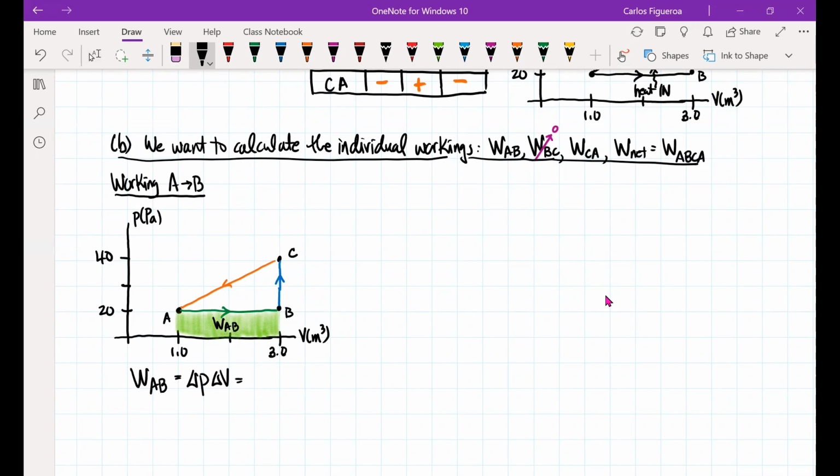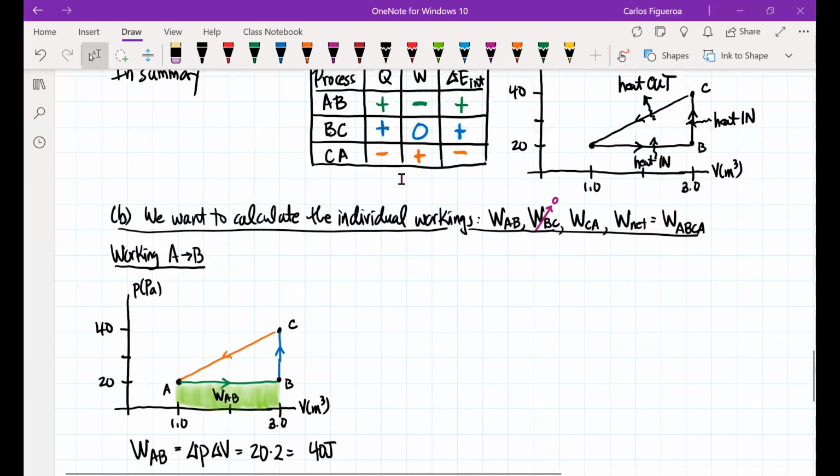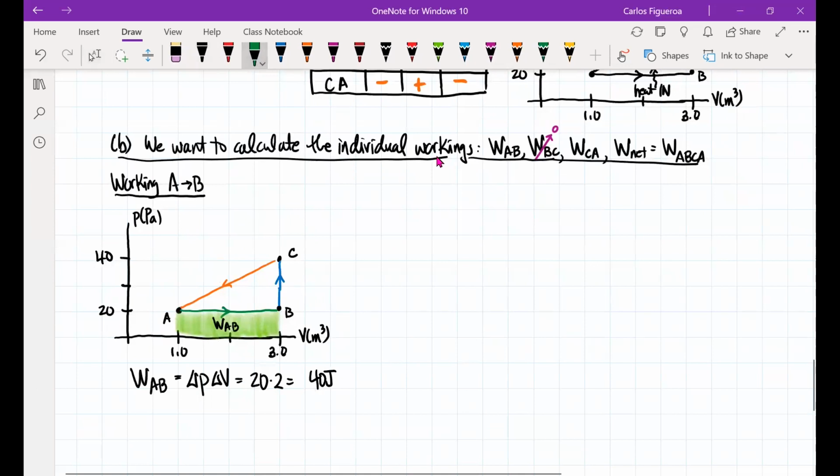The difference in the pressure is 20 minus 0, which is 20. And then the volume goes from 3 minus 1, which is 2. So this is 40 joules. But remember, if I look at my sign up here, note that that work is negative. So I got to come in here by hand and say, yep, that work is negative. So I now have that working. Now note, there is no working from B to C.